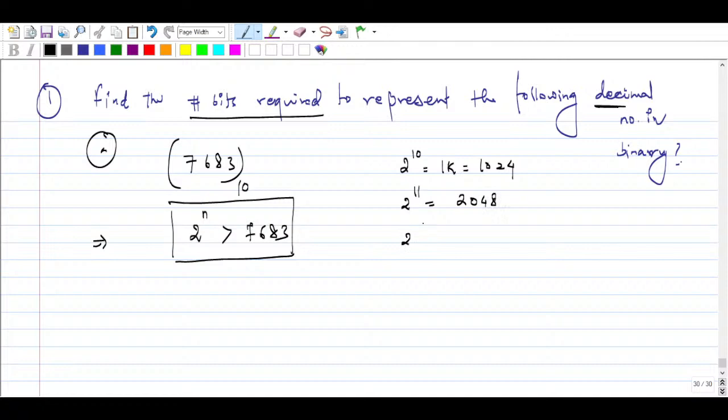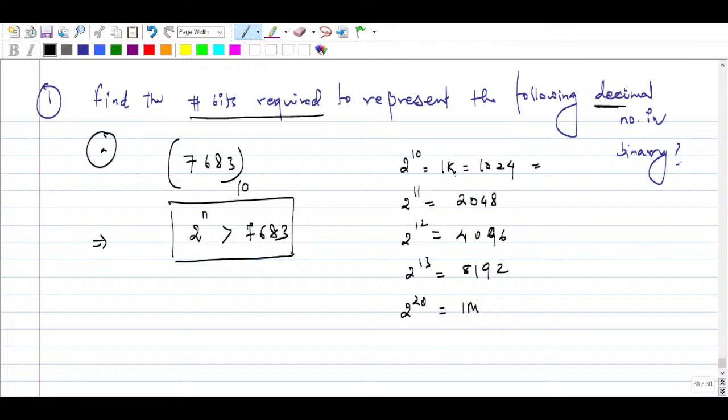And 2 raised to power 12 is going to be 4096. If you remember this, you can write all these things. And 2 raised to power 13 is 8192. 2 raised to power 20 we call 1 mega.